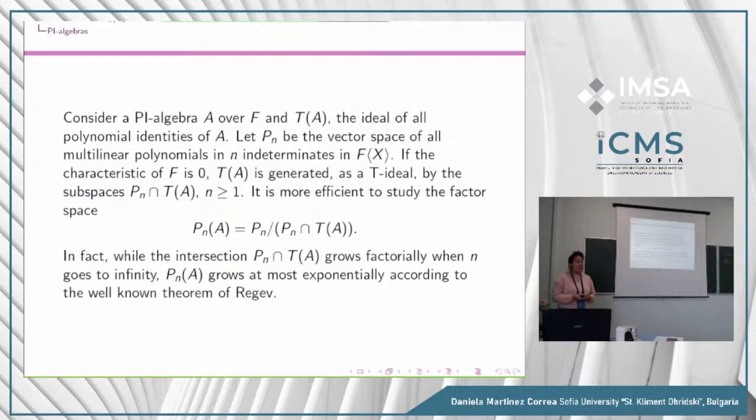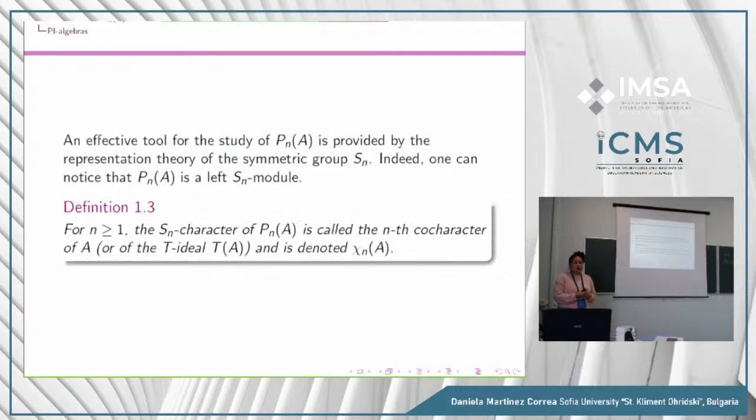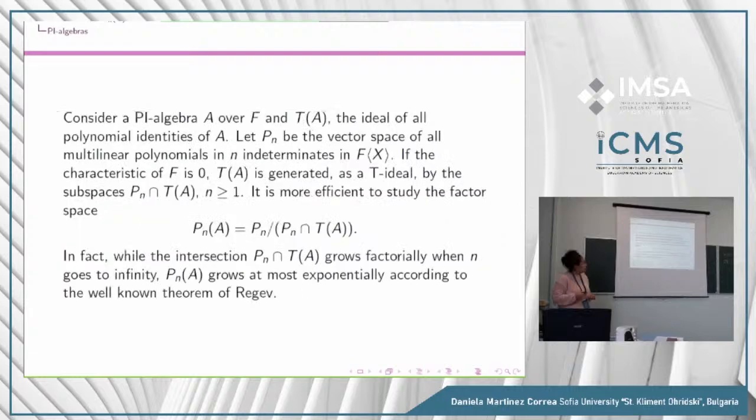Okay? One tool for the study of this space is provided by the representation theory of the symmetric group, S_n, because this space is an S_n-module. In fact, P_n is an S_n-module when you consider permutations of the variables.